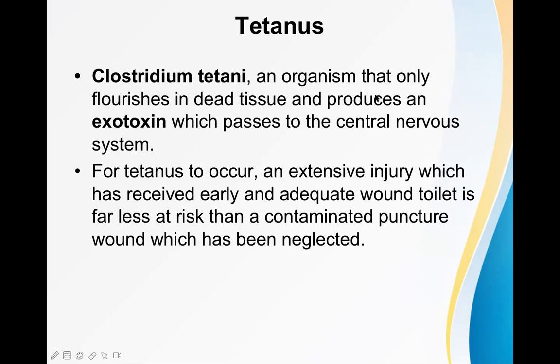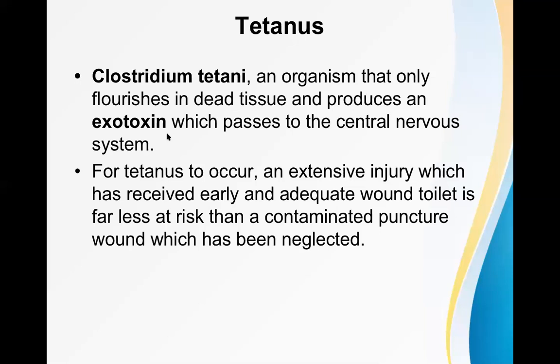Clostridium tetani, an organism that only flourishes in dead tissue, and produces a powerful exotoxin. The name of that exotoxin is tetanospasmin. The name itself suggests: tetano, produced by Clostridium tetani; spasmin is a spasm of the muscle.